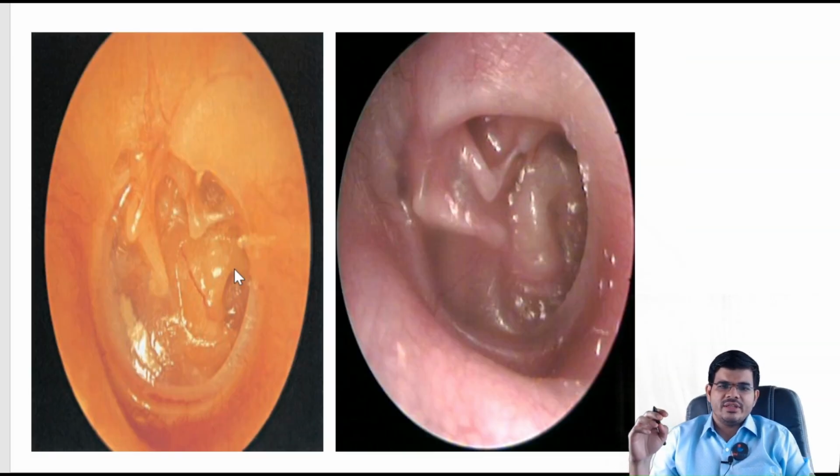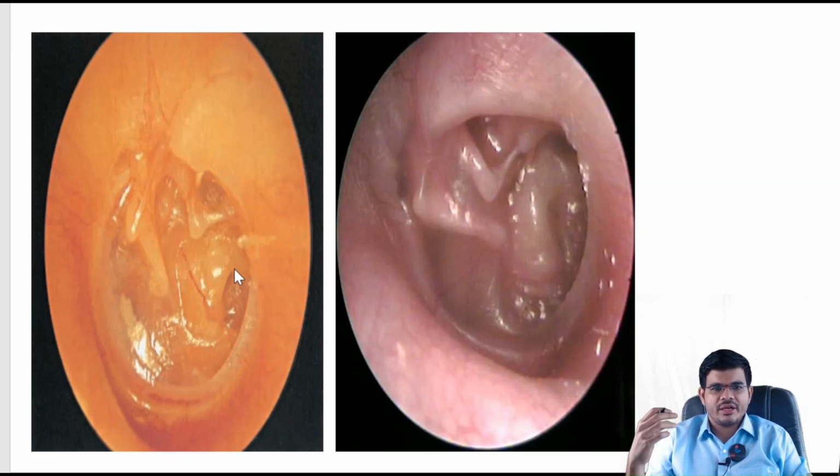Now with severe retraction, what can happen? It can result in atelectasis, and finally an adhesive otitis media. What is atelectasis? When the pars tensa goes on to touch the promontory, that is what is called atelectasis. And adhesive otitis media means it is completely plastered on the promontory.